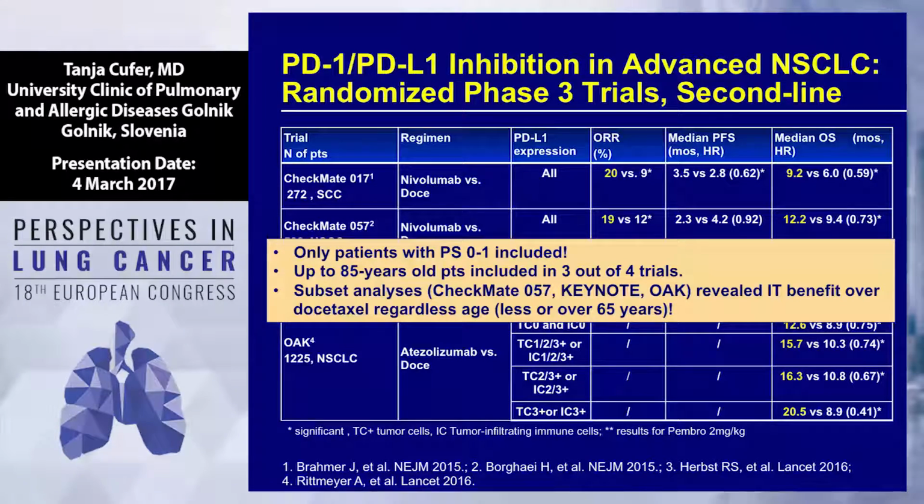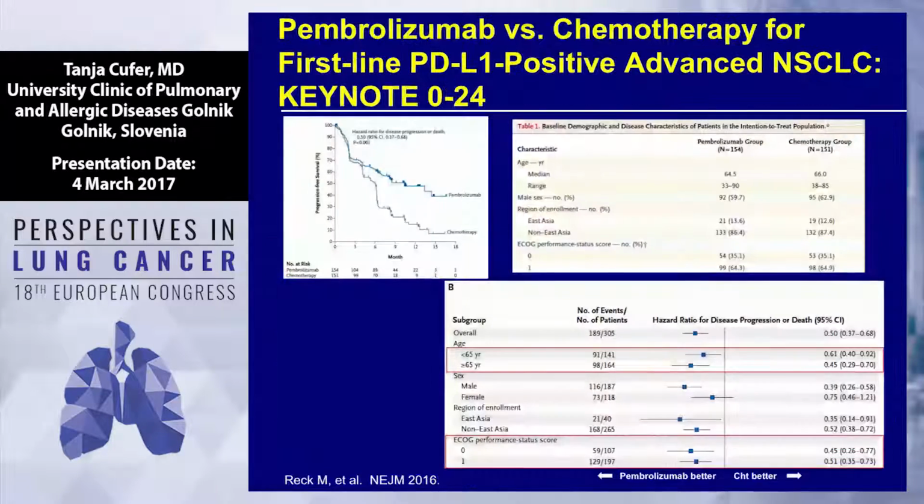Subset analysis done in 3 out of these 4 trials revealed that the immunotherapy benefit over Docetaxel was the same regardless of age. In most of these trials, the cutoff was more or less 75 years old. So more or less the same benefit regardless of age, but no data about performance status.